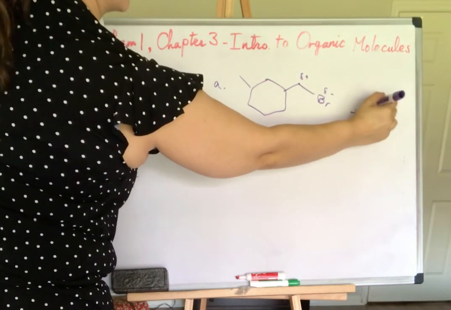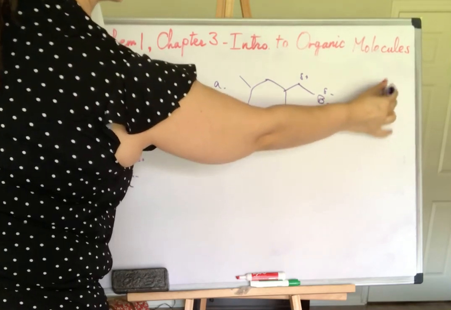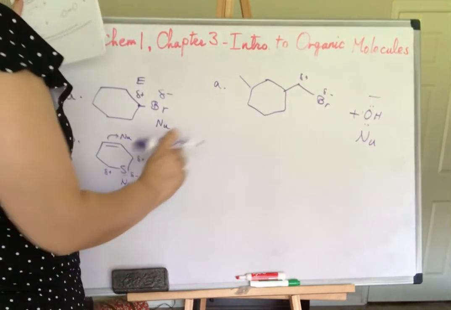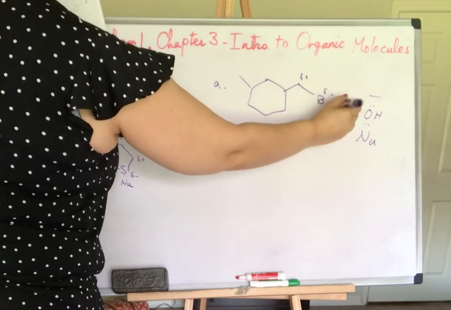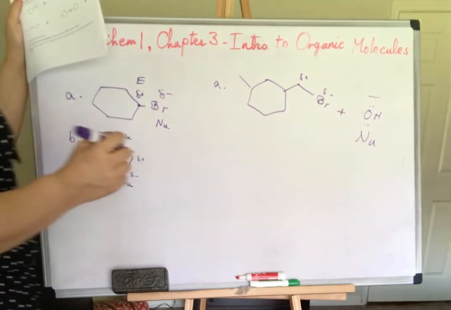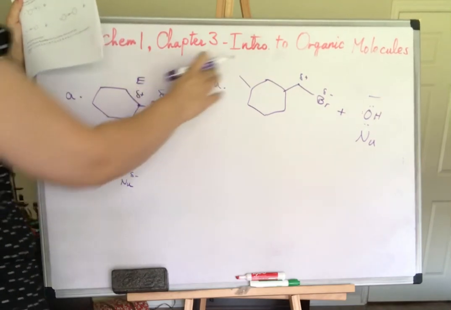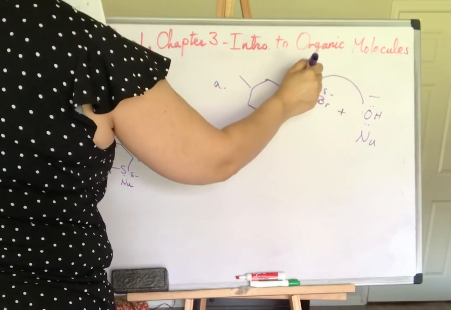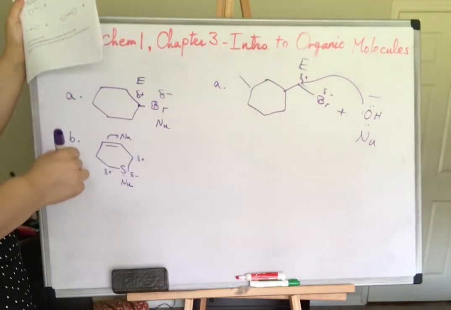So let's determine the nucleophile and electrophile first. Which one is full of electrons? Nucleophile is OH. And which one has a positive charge or partially positive charge? This one. So it's going to go from here to here.